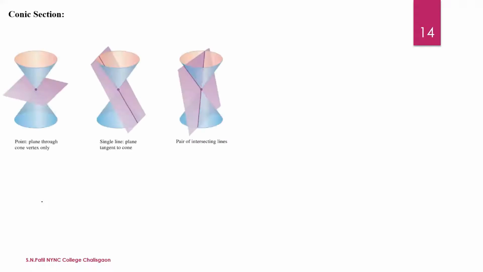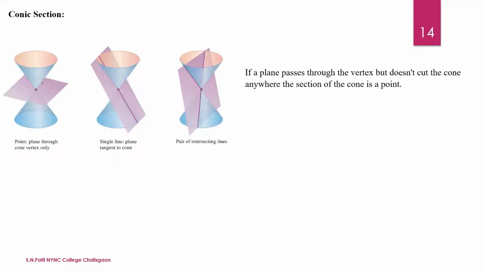What is the conic? See, in the first diagram, when the plane passes through the cone vertex only, then it is called a point. Okay. In the second diagram, when the plane passes through the vertex and touches the cone, the section is a tangent to the cone.